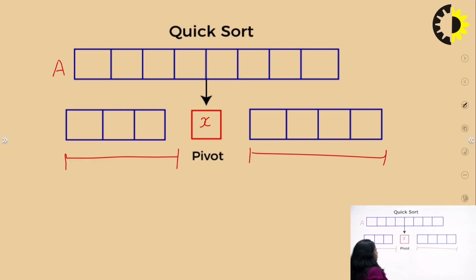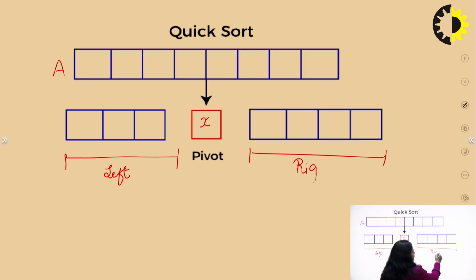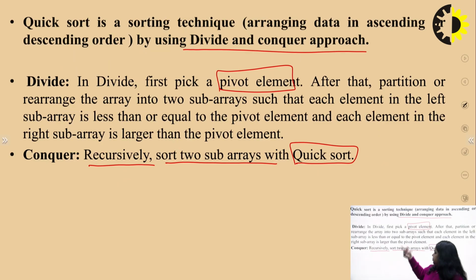All the elements on the left side of the sub array are smaller than or equal to x, but all the elements on the right side are greater than the value x, or you can say according to the pivot element, right? So this is what the divide and conquer approach says.